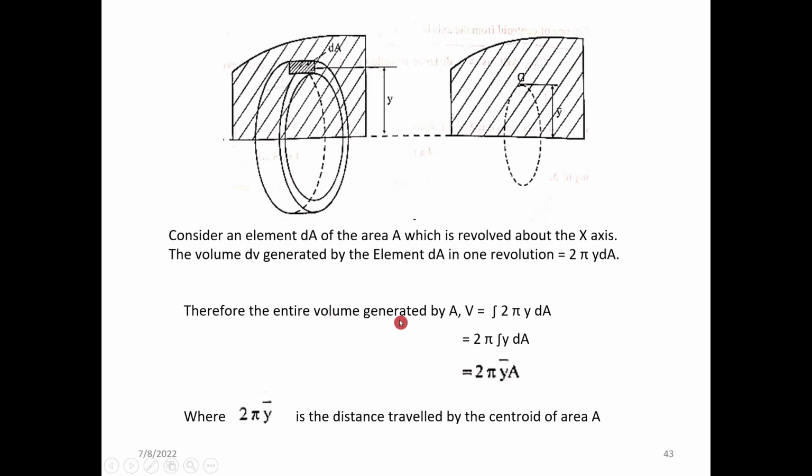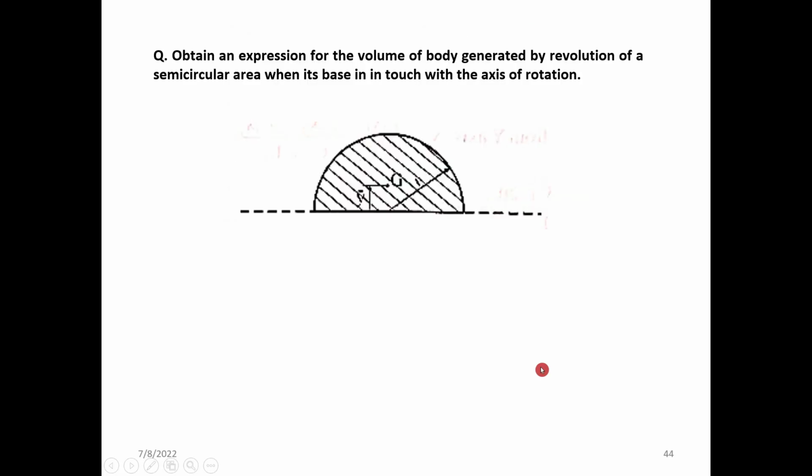Therefore, the entire volume generated by A is equal to integral 2 pi into y dA is equal to 2 pi into y bar into A. So it is the distance traveled by the centroid of the area, the 2 pi into y bar. Because y bar is a single value, into 2 pi will give you the total distance covered by the centroid, into the area will give you the total volume of the shape formed.